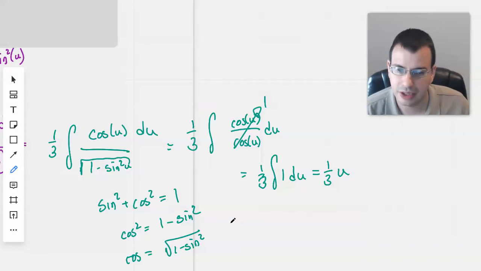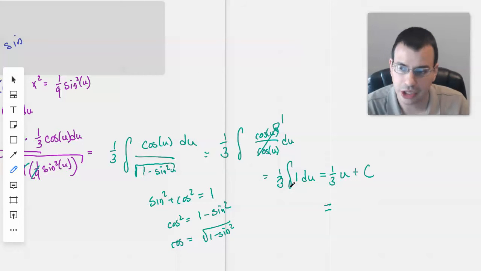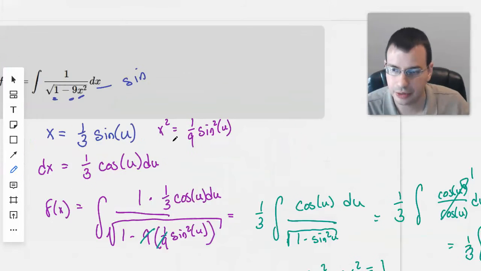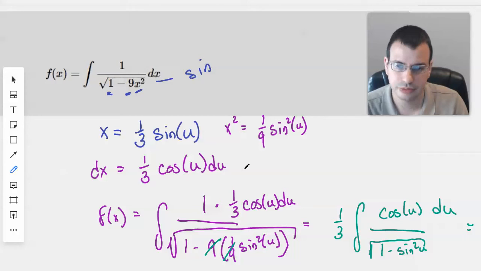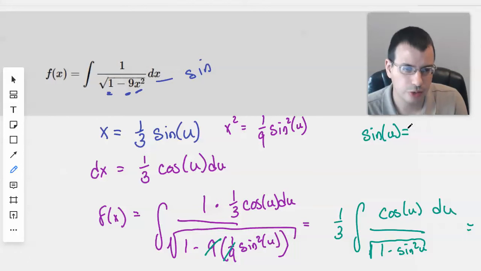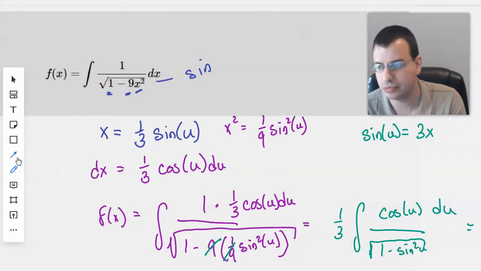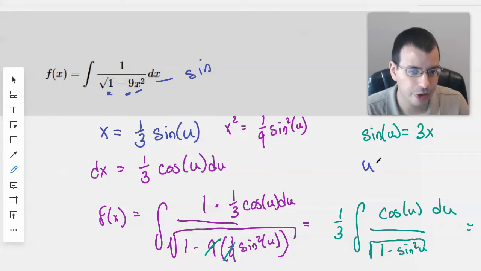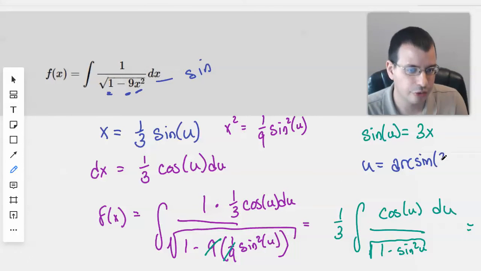And we'll have to solve for u now. Looking at this equation, we have sine of u equals 3x. So u equals arcsine of 3x.